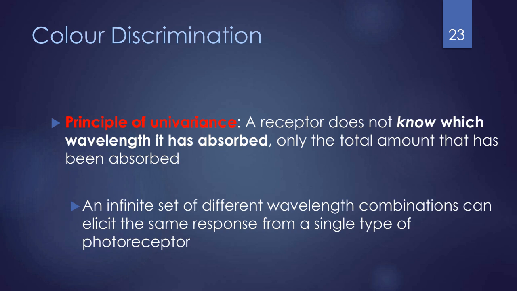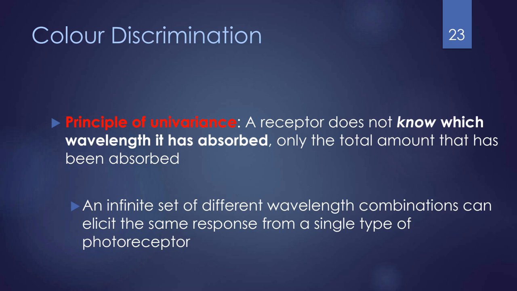It only knows the total amount that has been absorbed. So an infinite set of different wavelength combinations can bring about exactly the same response from a single type of photoreceptor. That means one type of photoreceptor can't make color discriminations based on wavelength.